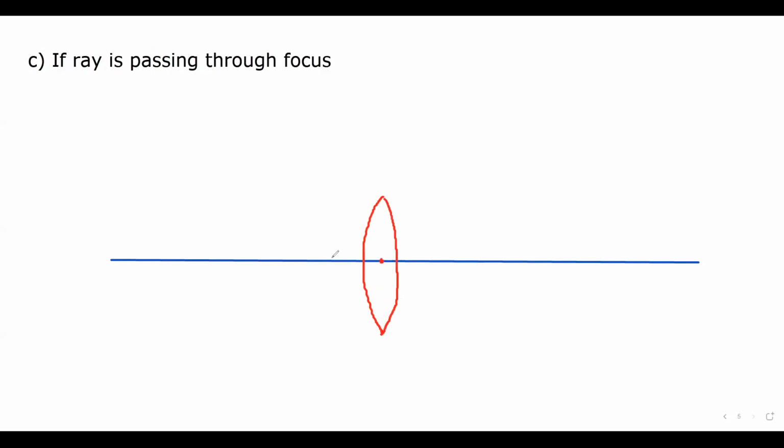This is the center of the lens. So this will be f, 2f and f, 2f. So if the ray of light is passing through the focus, for example, there is a ray and that is passing through the focus.